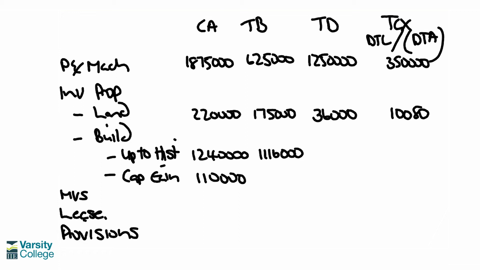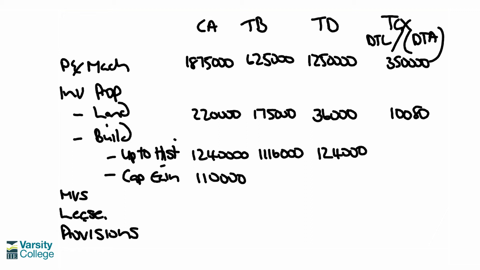But the carrying amount, the two figures, are quite straightforward. The up to historical cost is the historical cost, 1240, that was given in the question. Anything up to 1240 is going to be taxed at 28%. So that temporary difference between the 1240 and the 1116 is going to be at the normal tax rate of 28%.